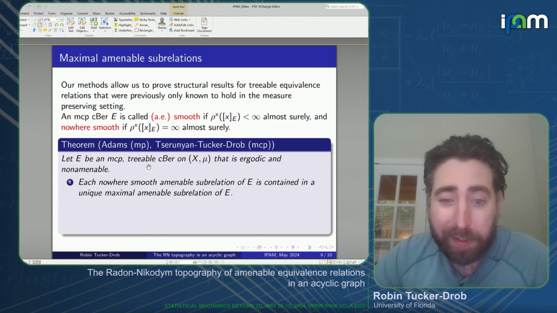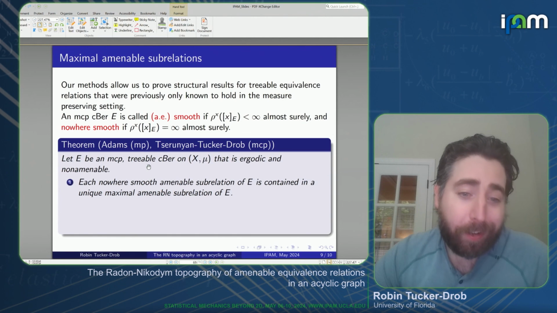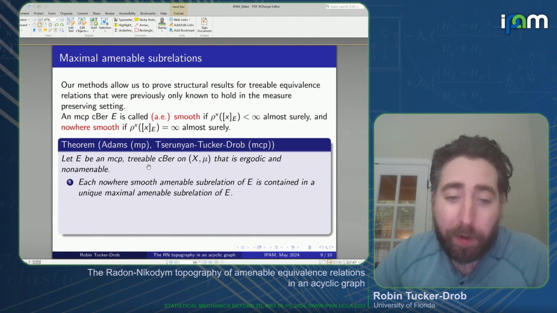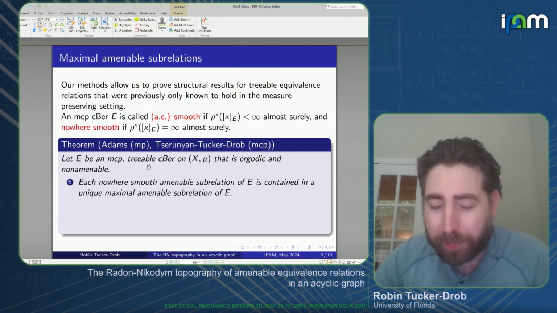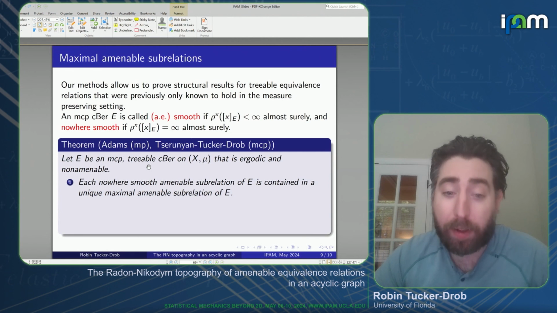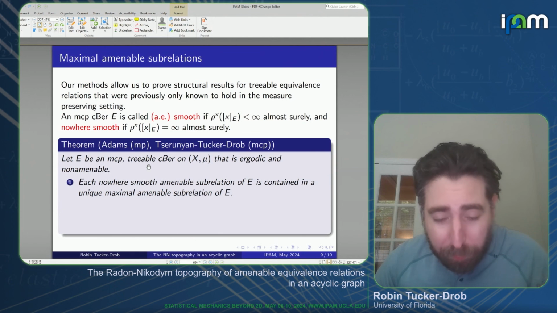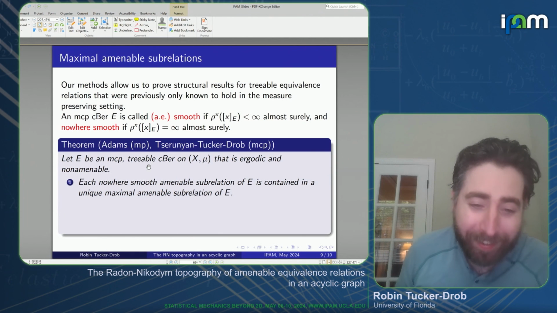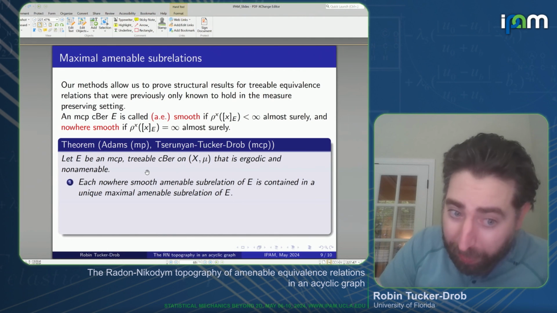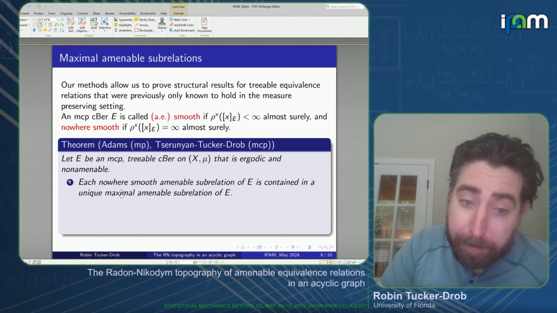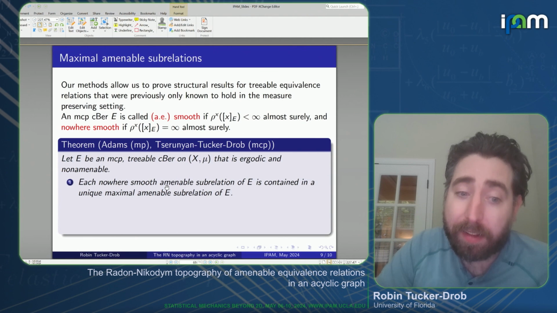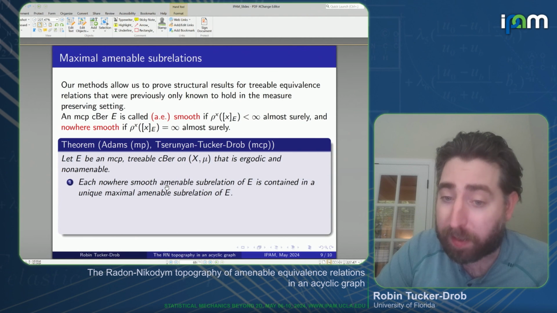But in some large scale asymptotic way, these amenable ones do have some kind of either parabolic or loxodromic, hyperbolic behavior, so that each class looks like that at some large scale. So what this is saying is that distinct maximal amenable subrelations are sort of transverse.